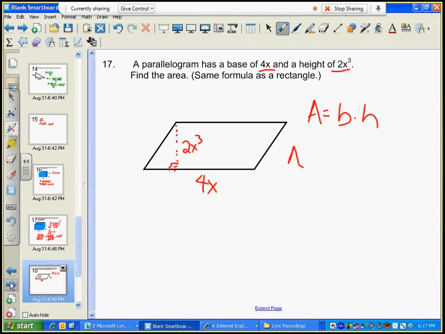So my area is 4x times, excuse the wrinkle on the screen, 2x cubed. Let's do my coefficients. 8, and I've got x to the 1st times x cubed, which is x to the 4th power.